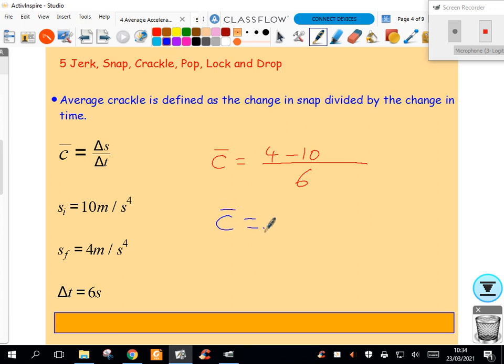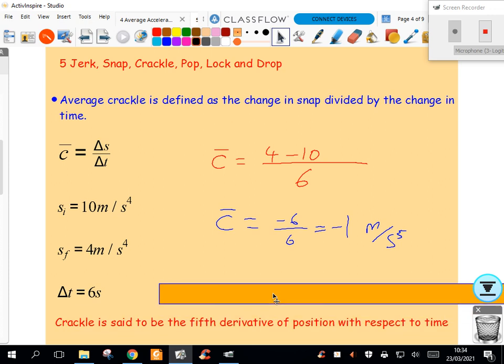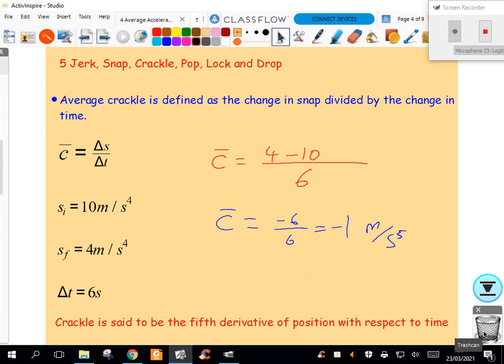And 4 subtract 10 is -6. -6 divided by 6 is -1. And in this case, we're talking about meters per second to the power 4 divided by seconds. That's going to be meters per second to the power 5. So crackle is said to be the fifth derivative of position with respect to time.